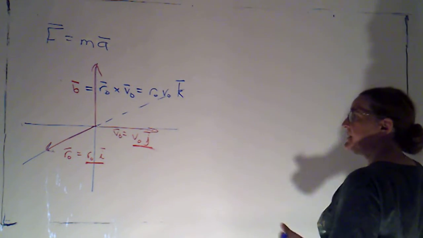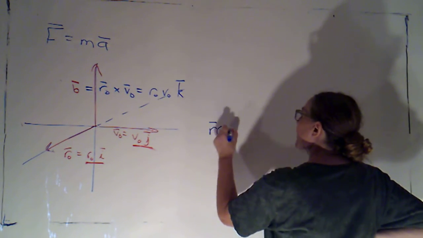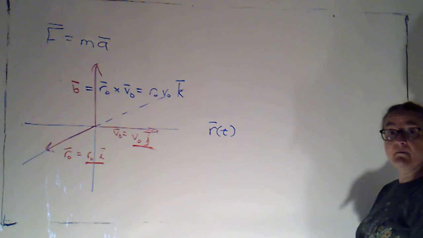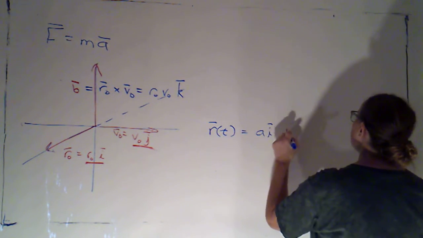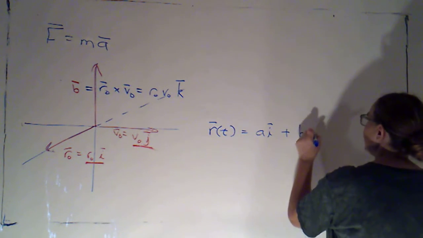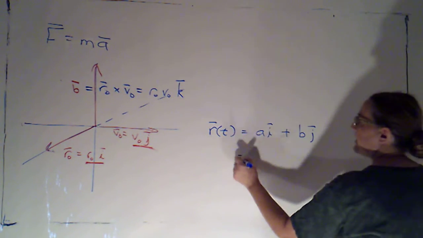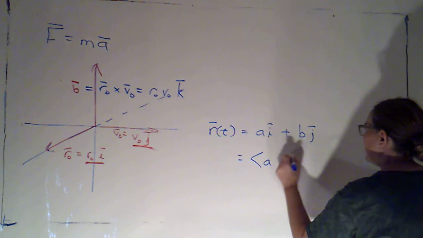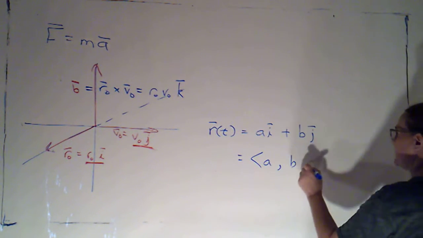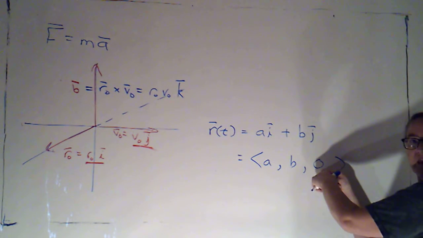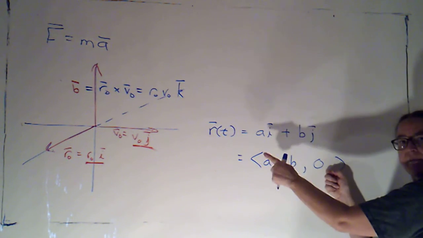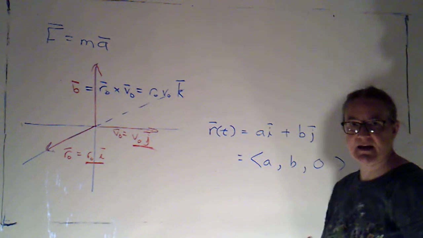But I basically know if I'm writing my r of t at any moment in time, it's going to be some copies of i plus some copies of j, or if I wrote it in component form, I'd have something in the first and second component, but my third component is always going to be 0. So I'm working in the xy plane in 3 space.